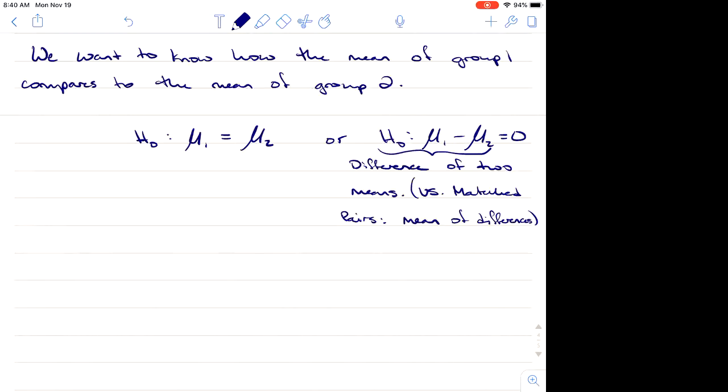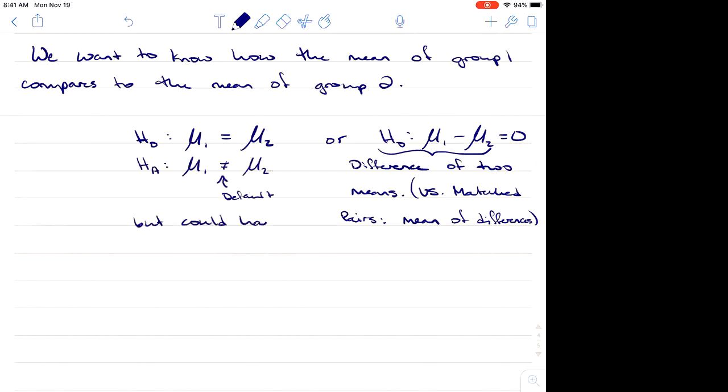And so your alternative hypothesis is going to be that mu1 does not equal mu2 by default. But here, unlike the matched pairs where I told you it'll always just be not equal to, we could talk about less than or greater than.